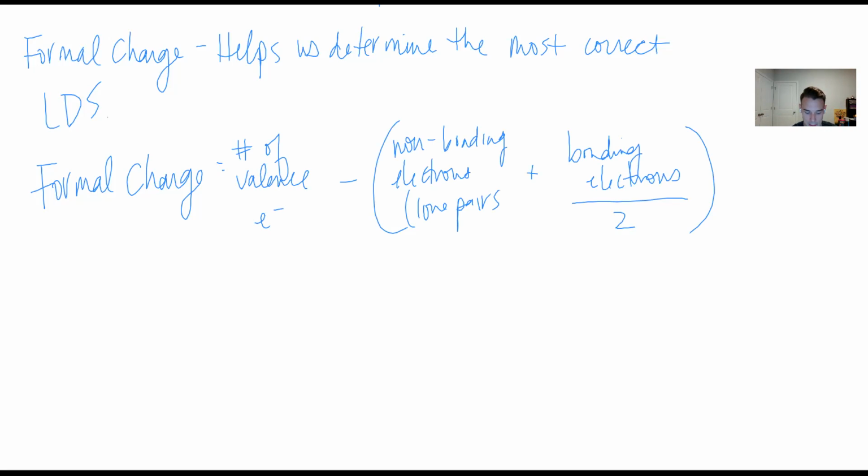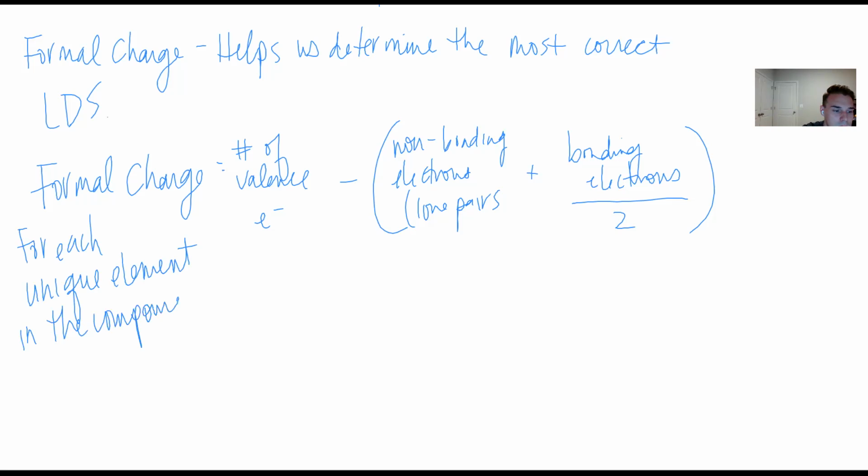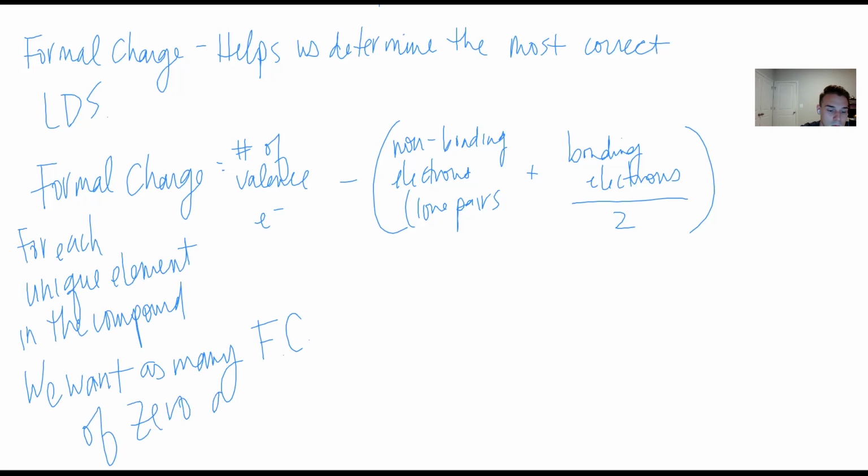This is just the one that I like to choose. So we do a formal charge for each unique element in the compound. Okay, so we want as many formal charges of 0 as possible.